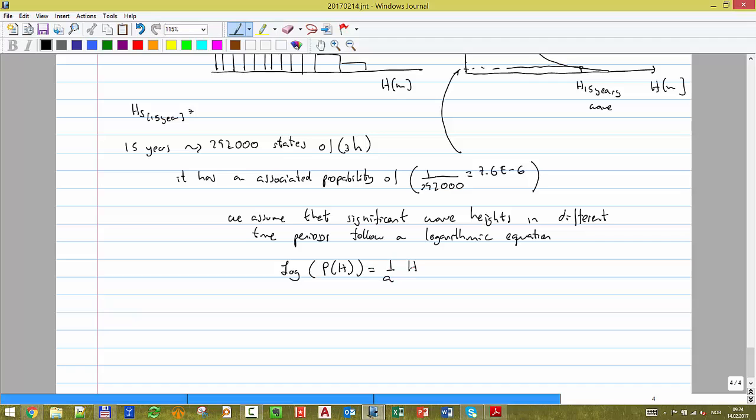It follows that relationship. So for 15 years, you substitute 7.6 e to the minus 6, the log of that equals 1 over a times h15, which you read from the plot, and you can get a. Then from that point, you can extrapolate just by changing the probability.